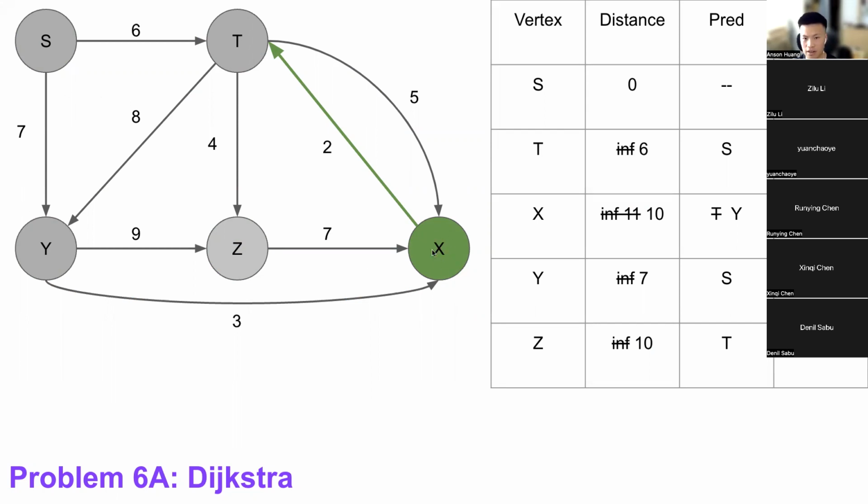Because the distance to where we are right now is 10. But if the distance to t was shorter than that, then we would already have found a shorter distance for t. That's why it's marked as processed. So if it's already marked as processed, you don't have to do the comparison anymore. But I wanted to do the comparison in this demo to really get that idea out there. And this all stems from Dijkstra's being a greedy algorithm and the invariants of Dijkstra's, which I think we'll go over in a few slides.